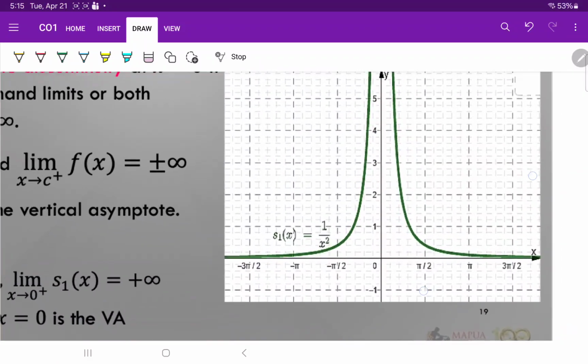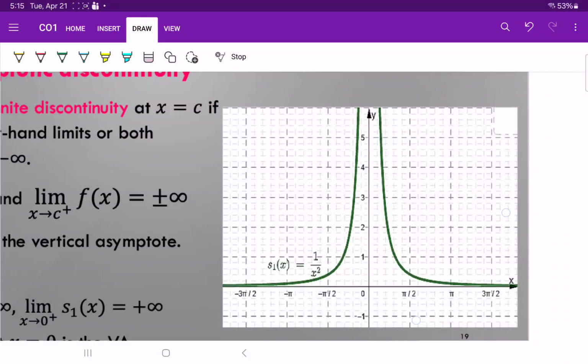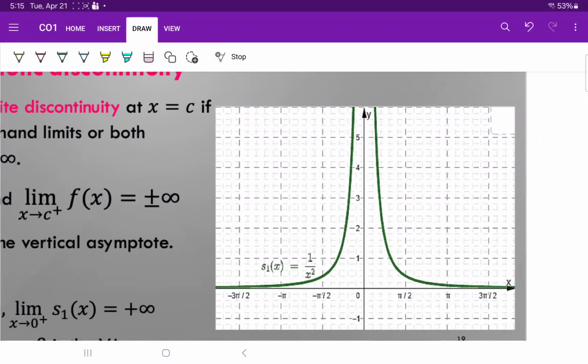Alright, so this is the graph. This graph is an example. So the limit of the function coming from the right of 0 is what? Let's write it down here. The function is 1 over x squared. So what's the limit of 1 over x squared as x approaches 0 coming from the right?